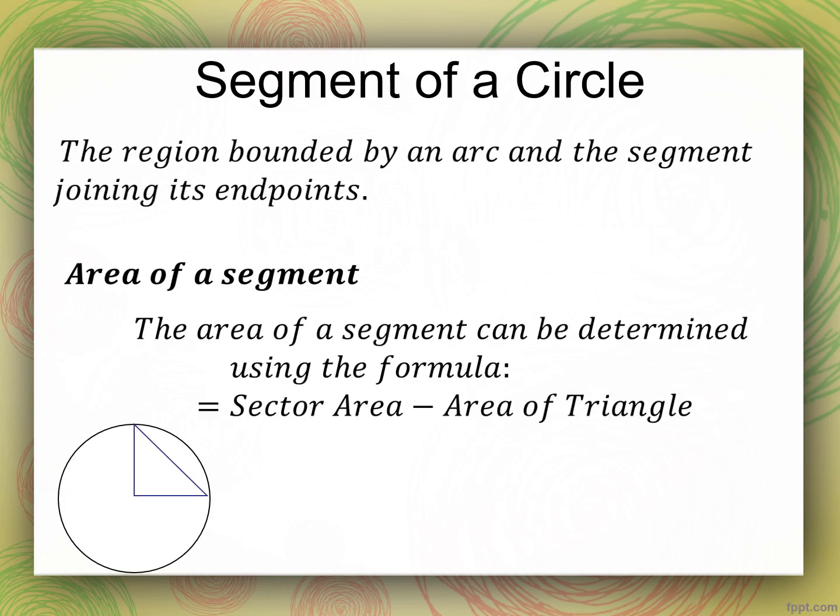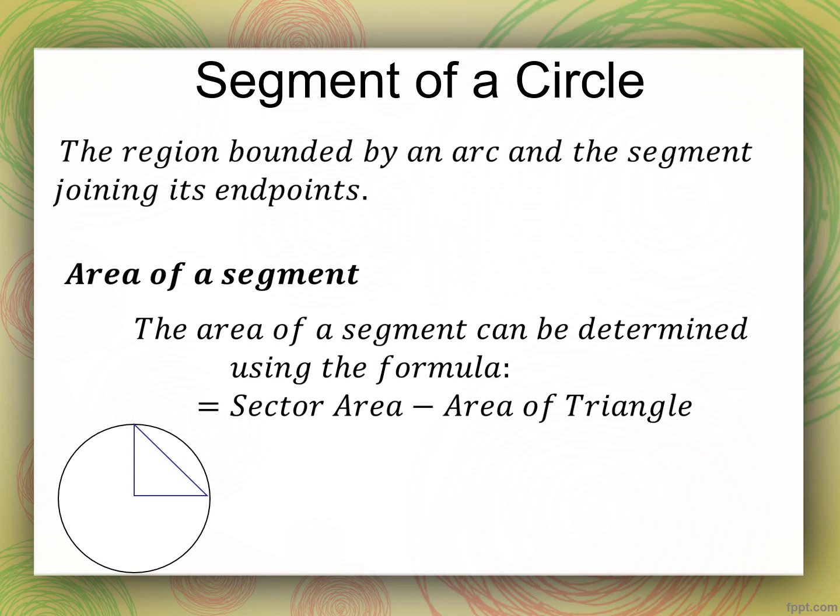Okay, let's have now the segment of a circle. It is the region bounded by an arc and the segment joining its endpoints. Let's take a look at the given figure here. Let's name some of the points first.